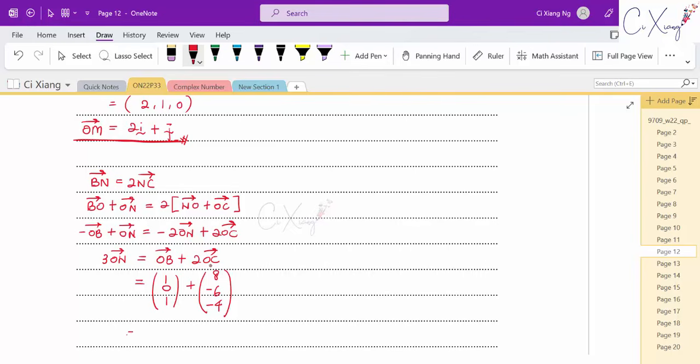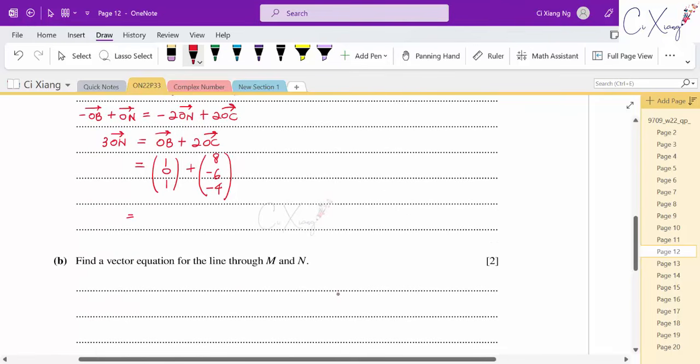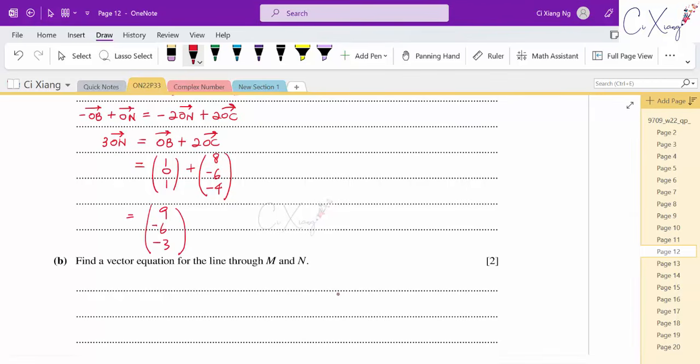And from here, you can see very clearly that our 3ON is actually 9, negative 6, and negative 3. Okay, so further simplify to get the ON, I need to divide the vector on the right hand side by 3. Alright, 3ON equals to this one, therefore ON will be everything divided by 3.